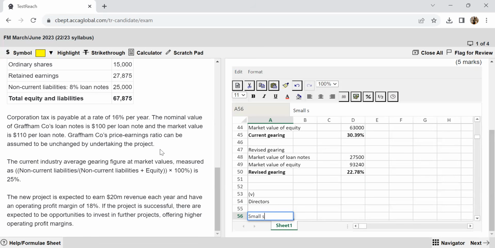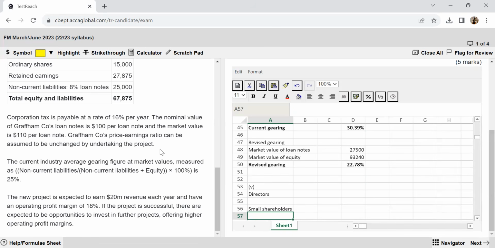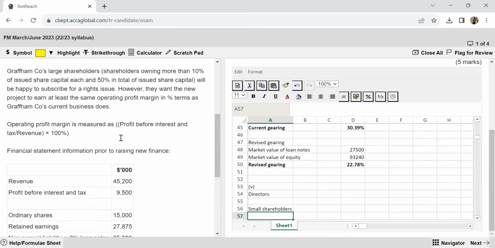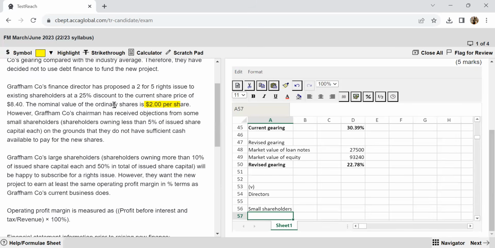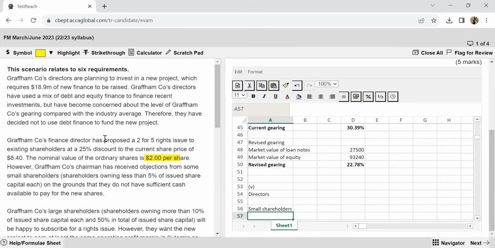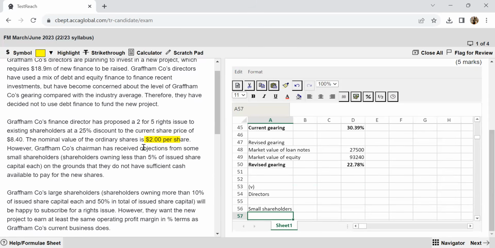Now let's talk about the small shareholders. What are their concerns? These are the people who, it was given to us, hold less than 5% of the issued capital, right? So we can say that the small shareholders do not necessarily have to subscribe to the rights issue. They can sell their rights if they do not have the cash.